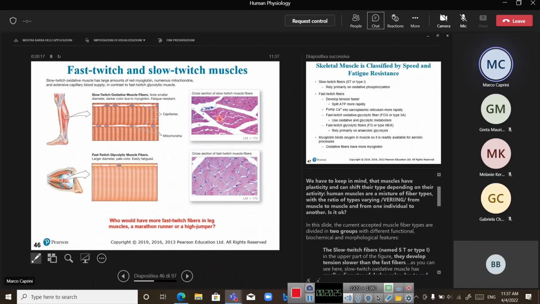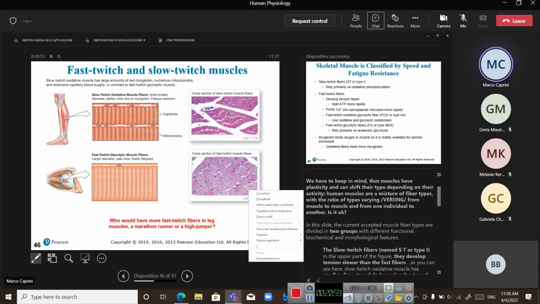Okay, human muscles are a mixture of fiber types, with a ratio of types that varies from muscle to muscle, from one individual to another, and with the type of exercise that we perform, whether we are exercising for a marathon or to jump a long distance.